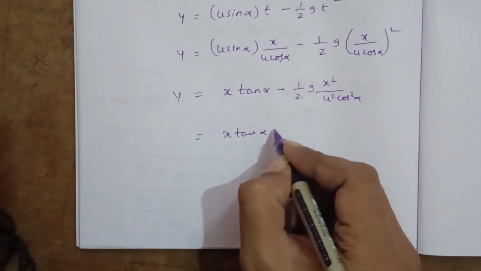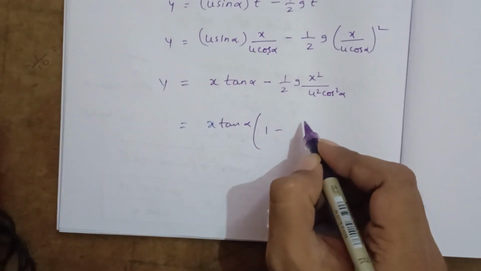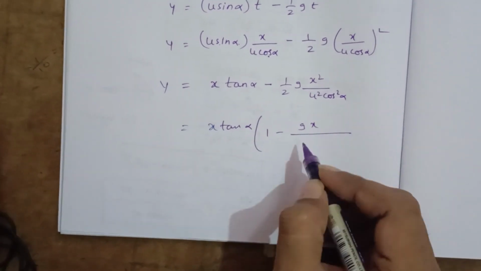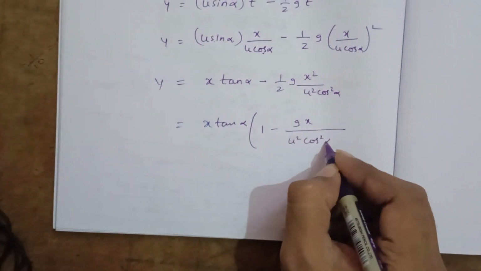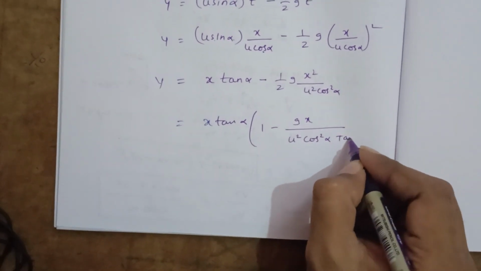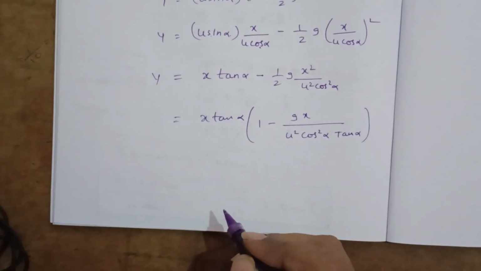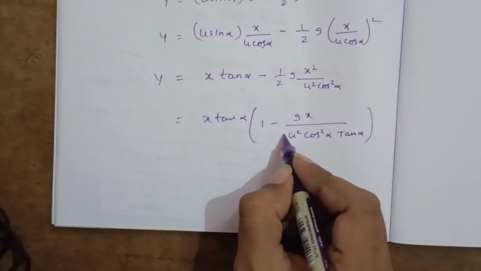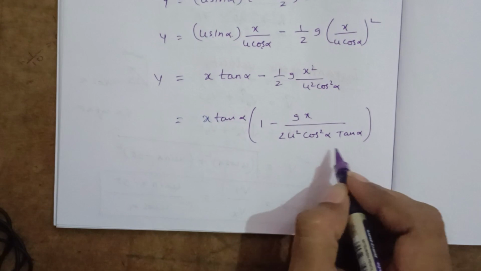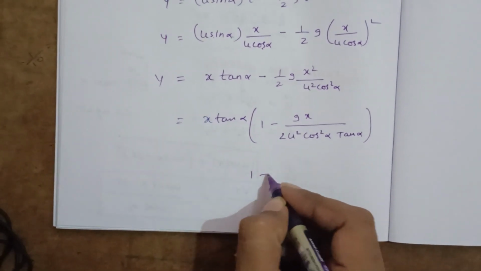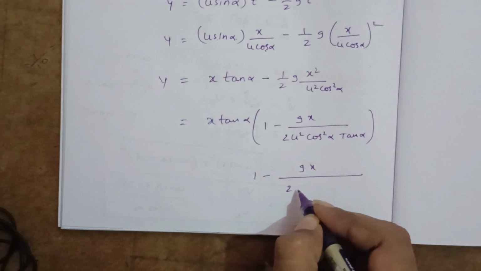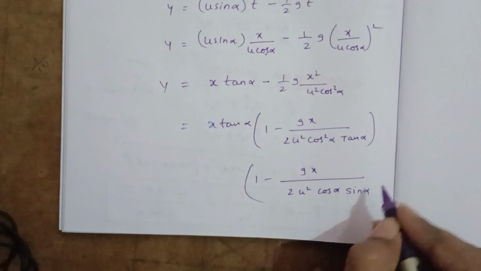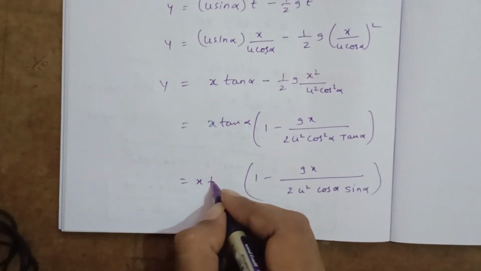Now if you take x tan alpha common, what is remaining? 1 minus g x divided by u square cos square alpha into tan alpha, and tan alpha means sin alpha by cos alpha. Cos alpha cancels once, so you get 1 minus g x divided by 2 u square cos alpha sin alpha, equal to x tan alpha.